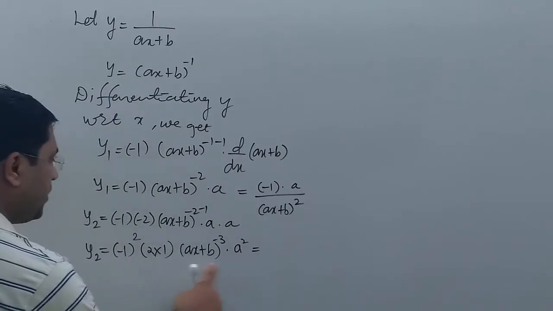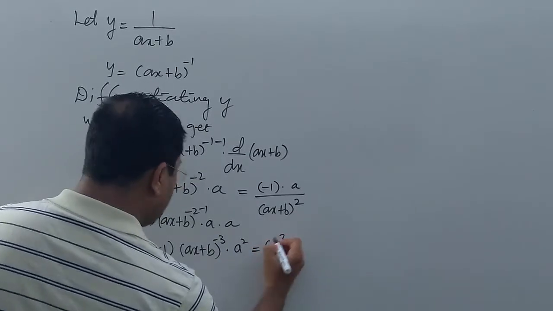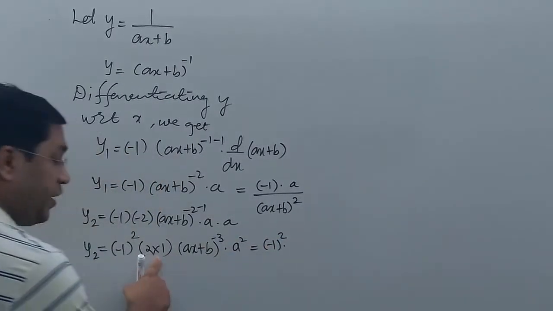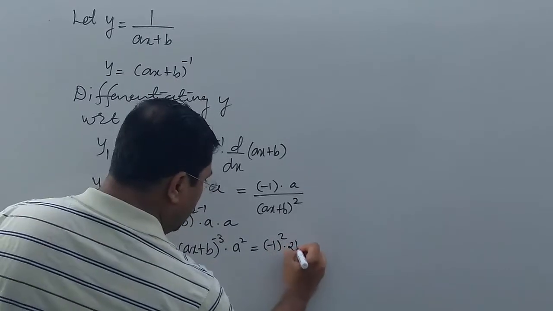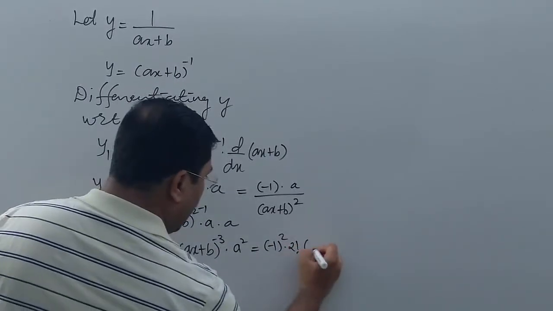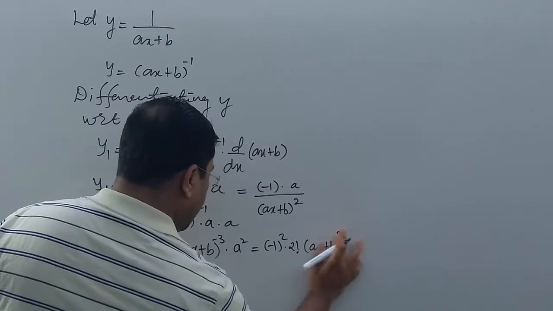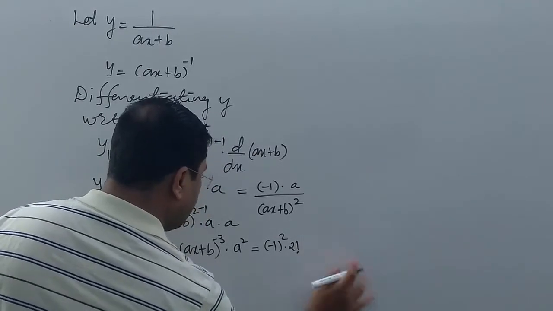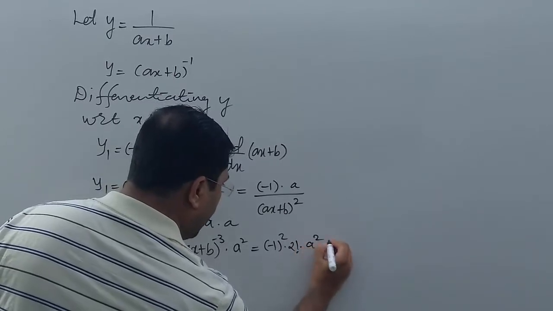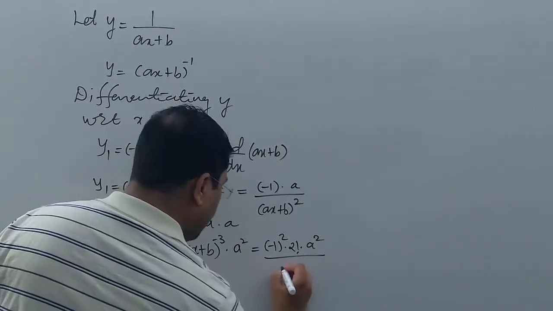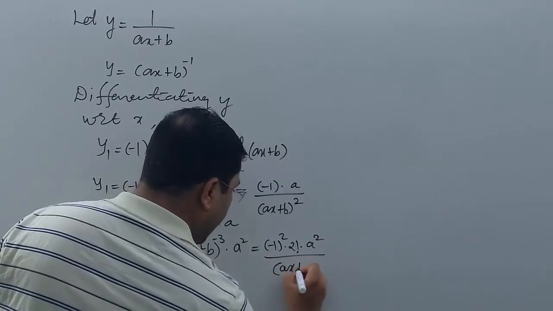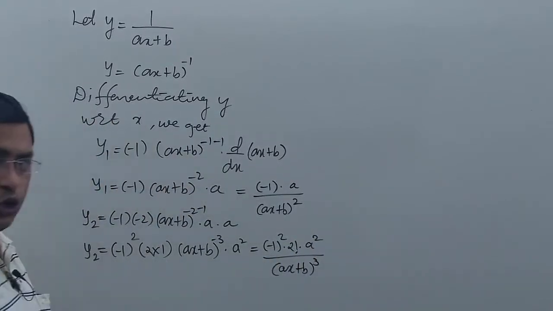We can write this as minus 1 squared into 2 factorial, a squared upon (ax plus b) cubed.